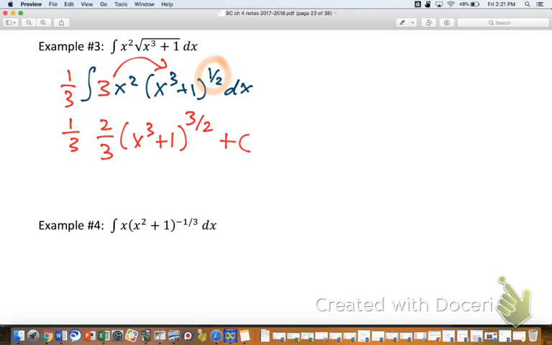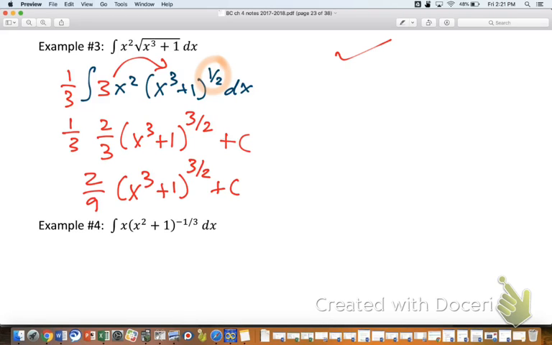Brandon, can you explain why the 3x squared goes back in? Sure. So let me clean this one up a little bit. And let's check this, and I'll show you where it came from so you know why it goes back in.